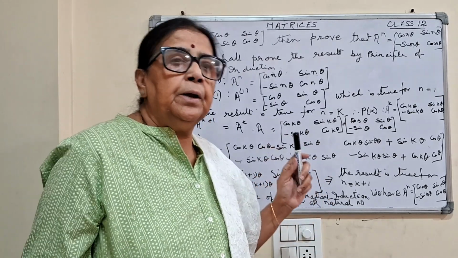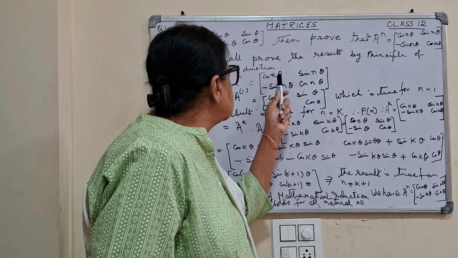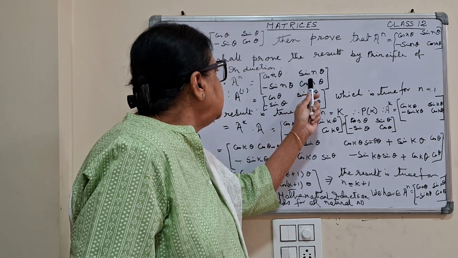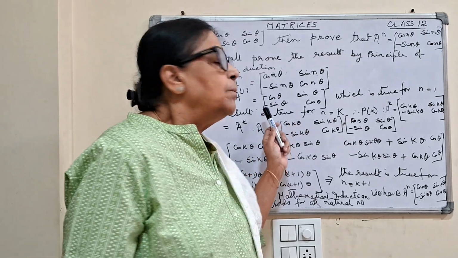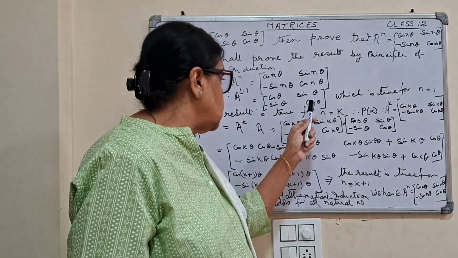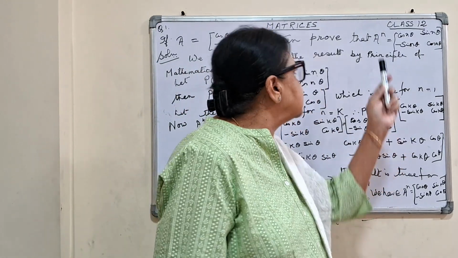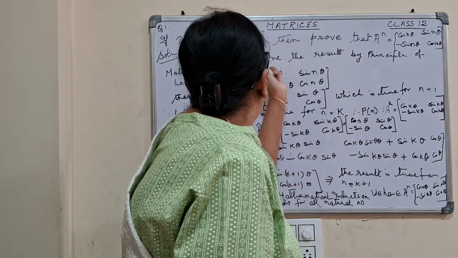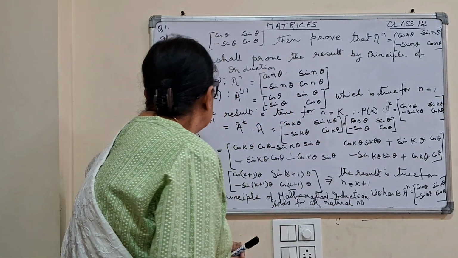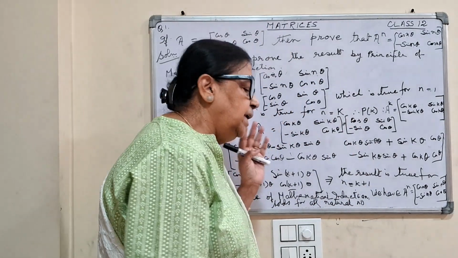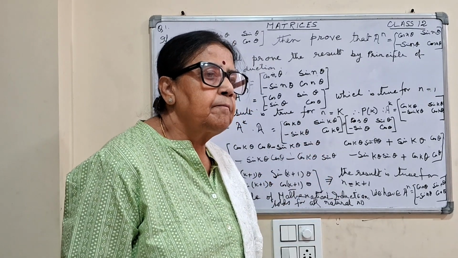Then P of 1, what will happen? We will substitute n is equal to 1. So this is [cos theta, sin theta; minus sin theta, cos theta], which is true for n is equal to 1. Yes, this is given, which is true for n is equal to 1. Let the result be true for n is equal to k.